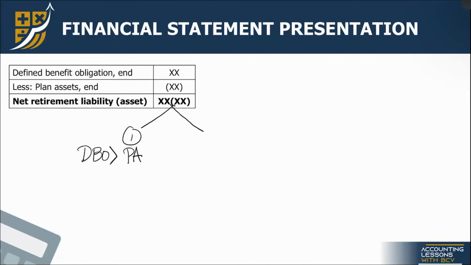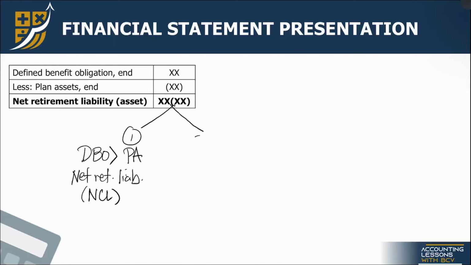Tatandaan nyo, ang DBO, liability yan. Ang plan assets, asset. Tama? So since mas malaki si DBO, ibig lang sabihin nito, mas malaki yung utang kesa sa asset. So what will be the result for case number 1? That will be net retirement liability. Okay? This will be presented under non-current liability accounts.